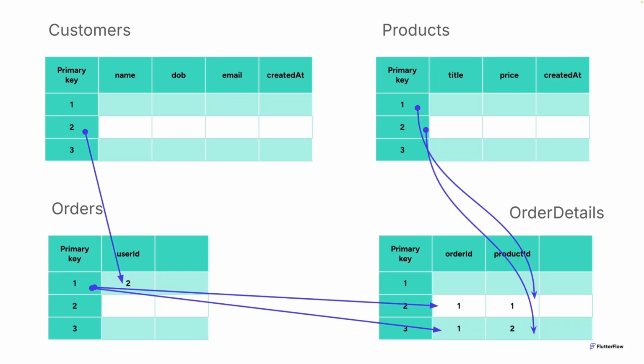Considering an e-commerce database, the schema might define tables for customers, orders, products, and order details. It would specify that the orders table is related to the customers and order details through foreign keys. This way, the schema ensures that every order is linked to a customer and contains details about the products purchased.